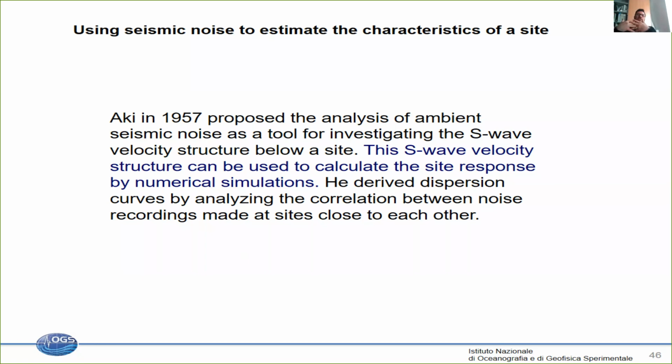The main difference, due to limitations in the calculation, was that he couldn't look at the phase shift for each frequency, but looked more at how the amplitude, the correlation for each frequency, was changing with distance.